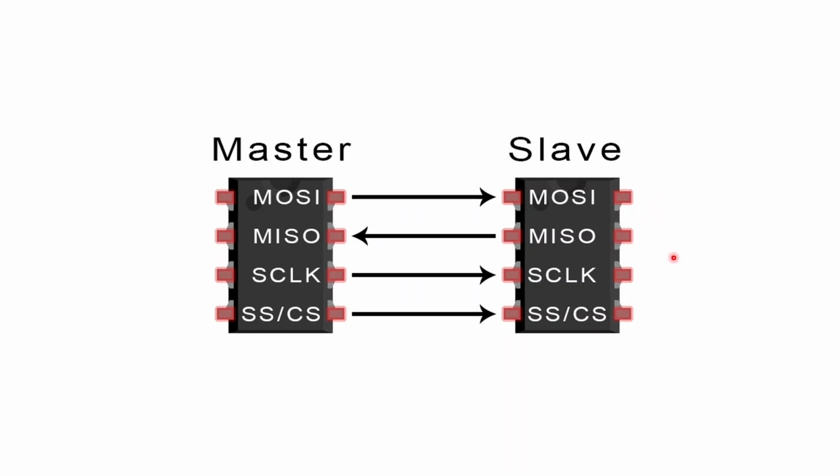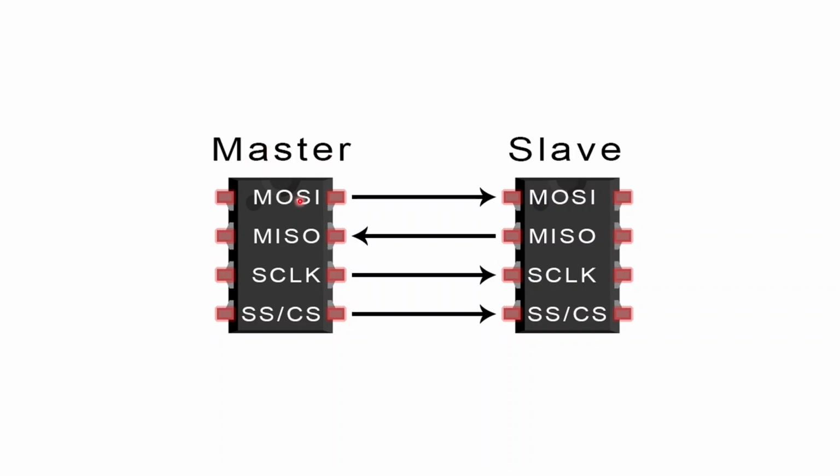So let's look into the pins. You have basically 4 pins in the protocol. We'll discuss only 3 of them because we will only want to transfer information from the master to the slave and not vice versa. So the first pin shown is called MOSI, and it stands for master out, slave in.